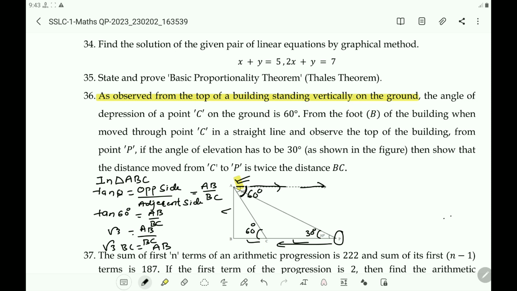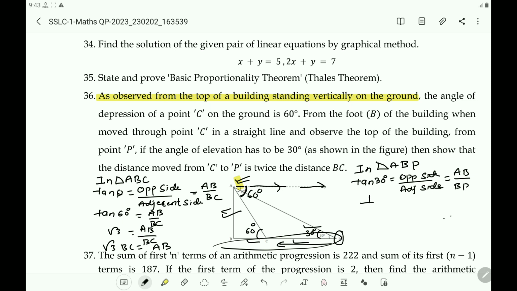Now you take this 30 degree angle and the triangle ABC. So you take in the right angle triangle ABP. Again you take the same trigonometric ratio, tan 30 degree is equal to opposite side by adjacent side, which is equal to, again opposite side is AB, adjacent side is BP.